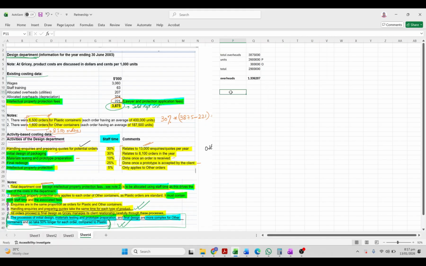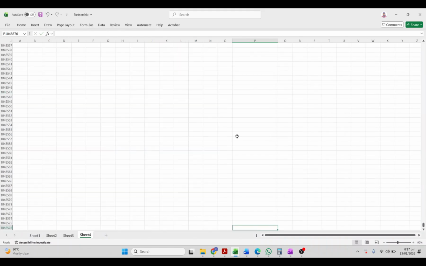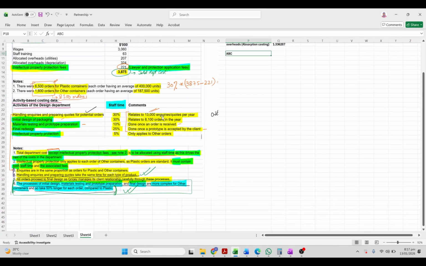Now, this is overheads by using traditional absorption costing. If you want to follow the same thing by using activity-based costing, how will you do that? Let's put a heading of ABC, and there are four overheads. The first one is handling inquiries and preparing quotes.